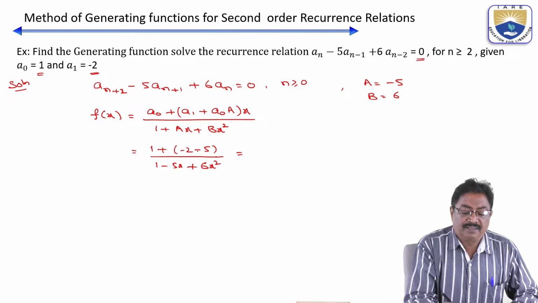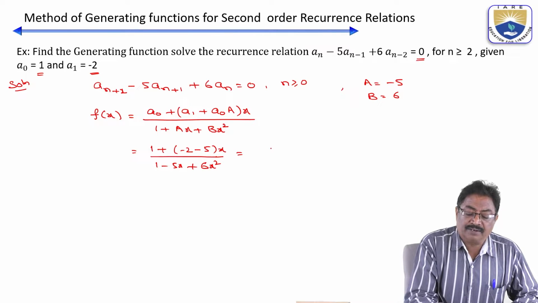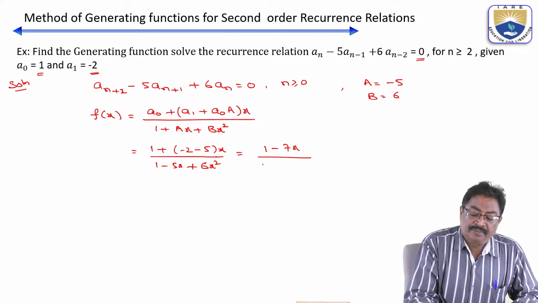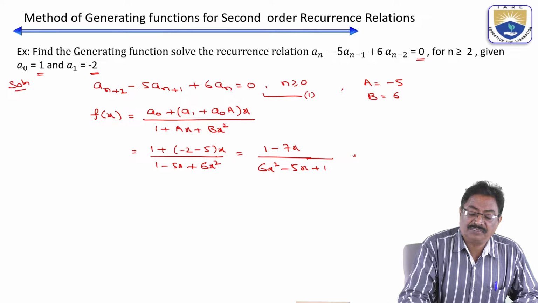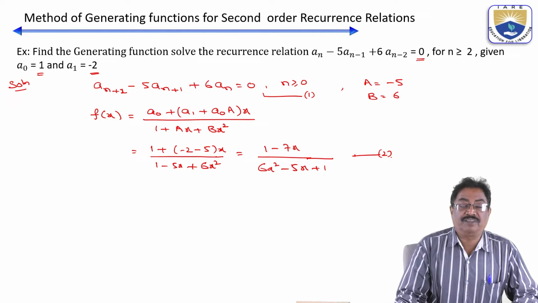So it is (1 minus 7x) by (6x square minus 5x plus 1). This is the given recurrence relation and this is the generating function.